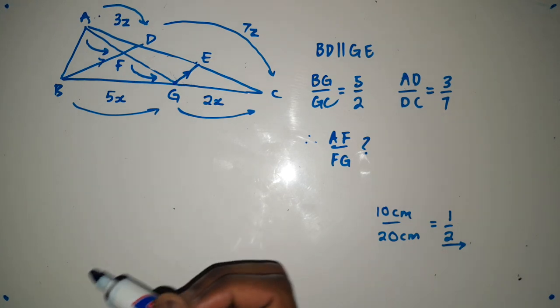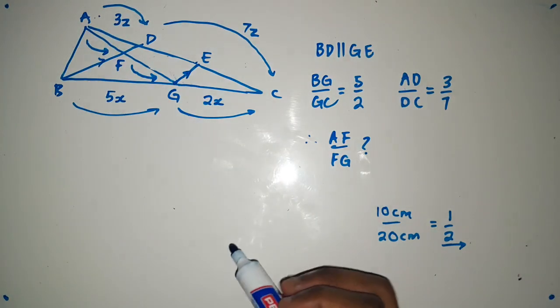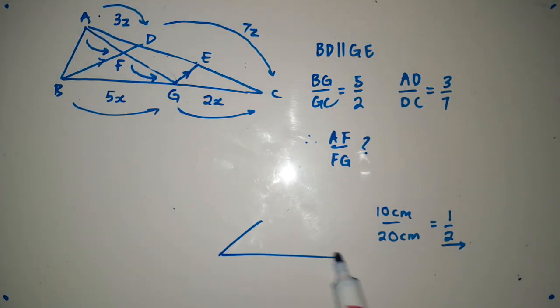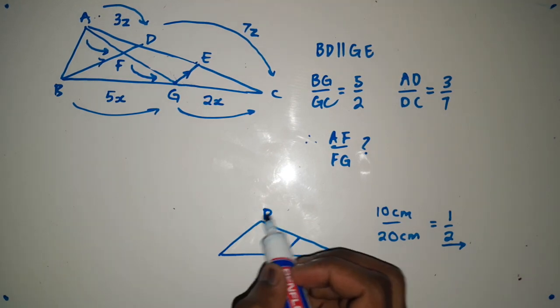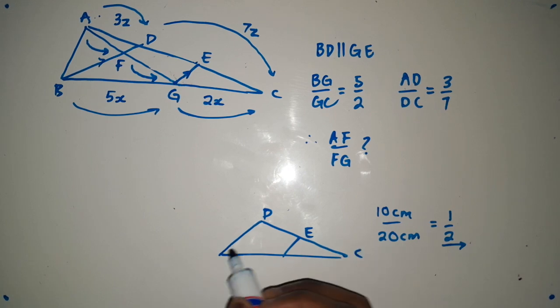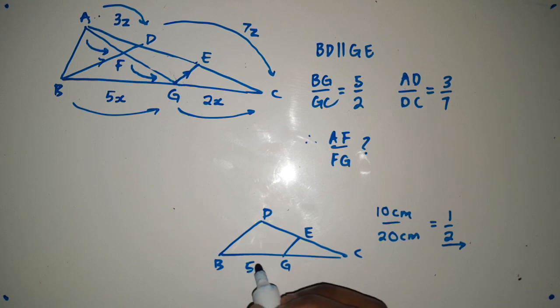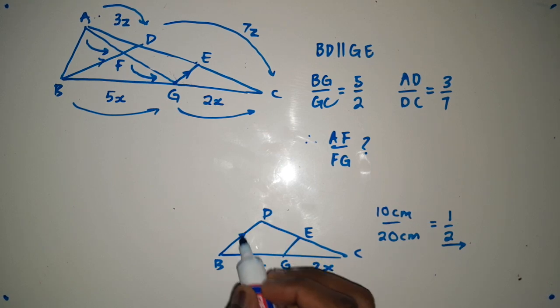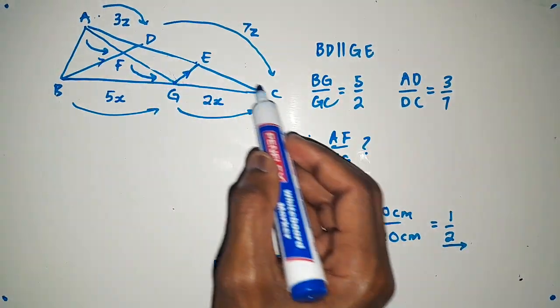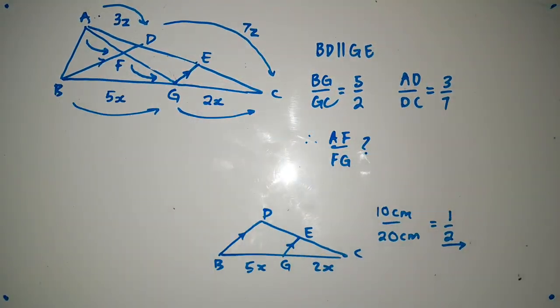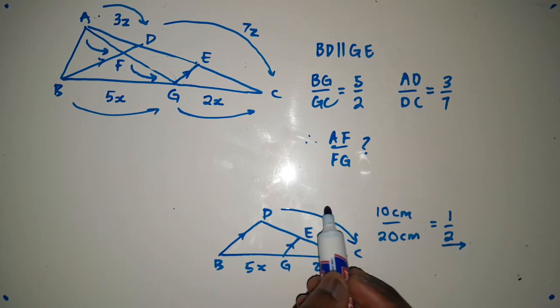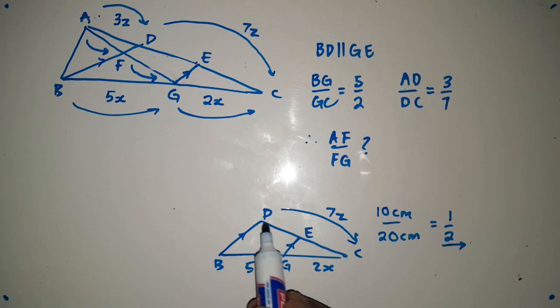Then now, how are we going to do this? Firstly, we are going to consider this triangle. Let me draw this triangle for you somewhere here. Let us consider this one, D, E, C, B, and G. See, we have 5x, we have 2x, like this. Consider this one. Then we have 7z over here.